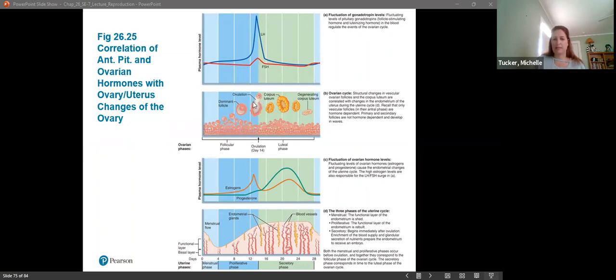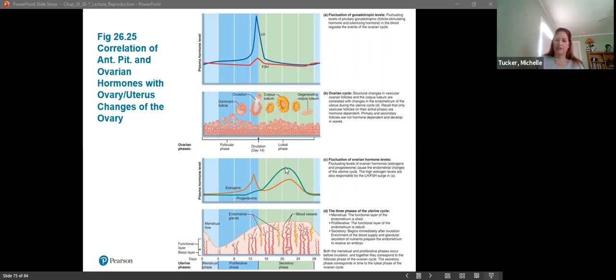And then, because these granulosa cells now have been disrupted, estrogen level plummets. However, LH has told the granulosa cells to become a corpus luteum. The corpus luteum will secrete both estrogen and then a lot of progesterone.